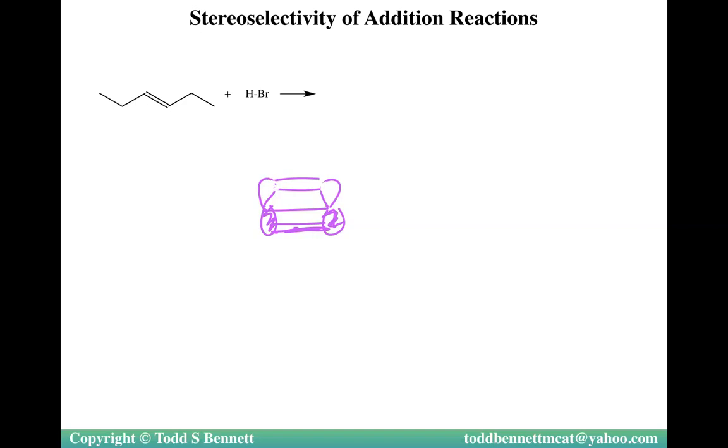I have something attached to this carbon, and on the other side, I have H. So something like that. So when the H goes on, it doesn't matter where the H goes on, it's symmetric.